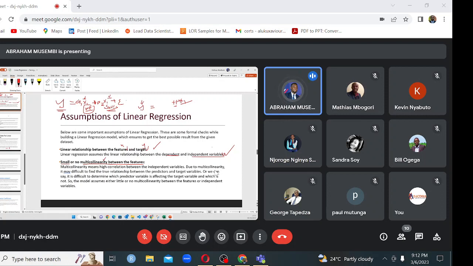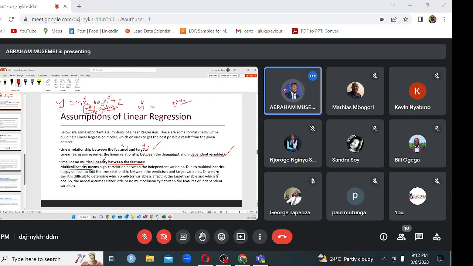That means we have high correlation between work experience and skills. So that's why we should have very small or no multicollinearity between these two variables, for us to be able to know which independent variable is affecting our output. Maybe we can go through the notes.